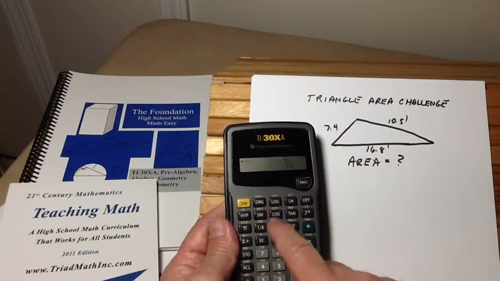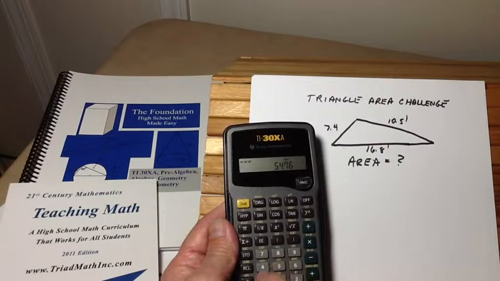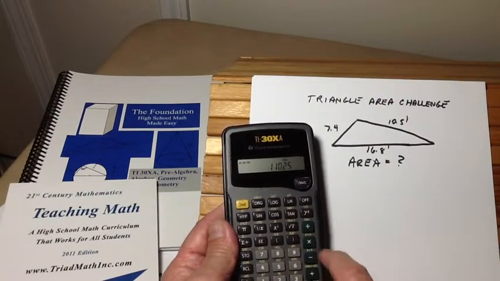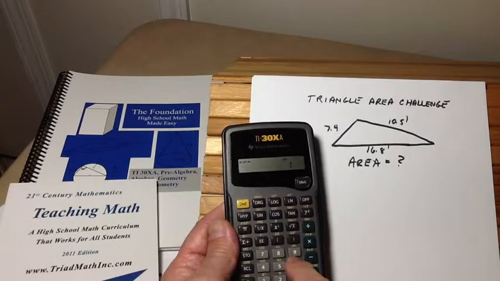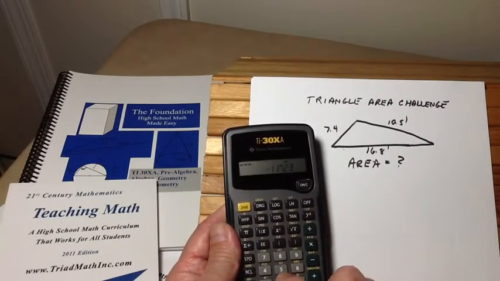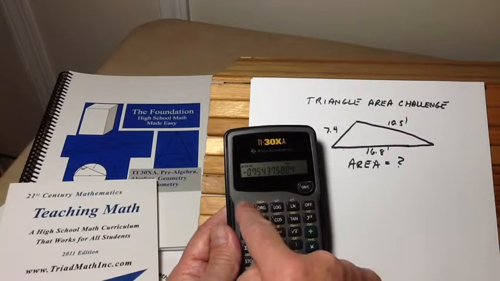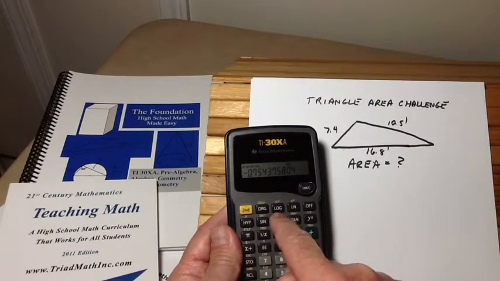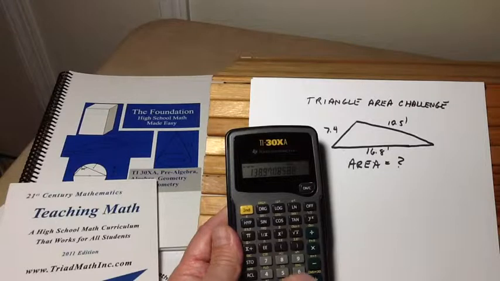7.4 squared, and I add that to 10.5 squared, and I subtract from that the other side, 16.8 squared, and I get equals. And then I divide that by 2, hit equals, divide that by 7.4, hit equals, divide that by 10.5, hit equals, and I get a number. I know that I need to take the inverse cosine of that to get an angle, 138.9.